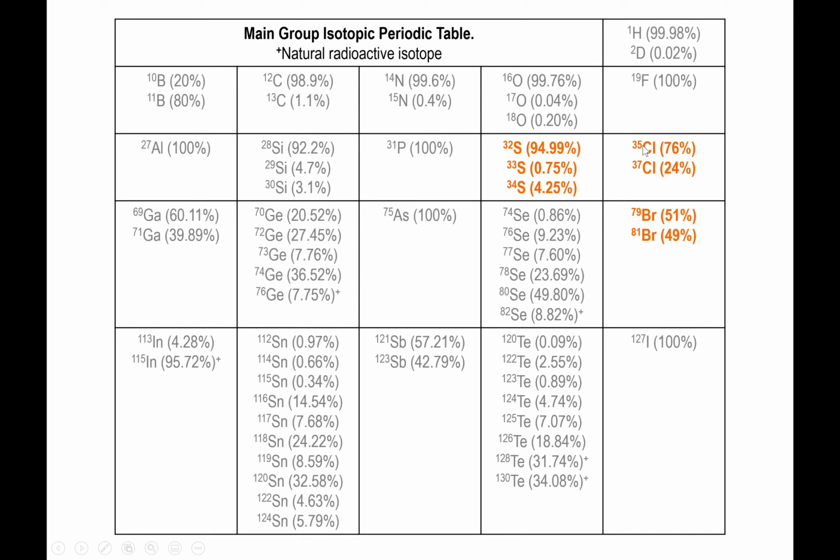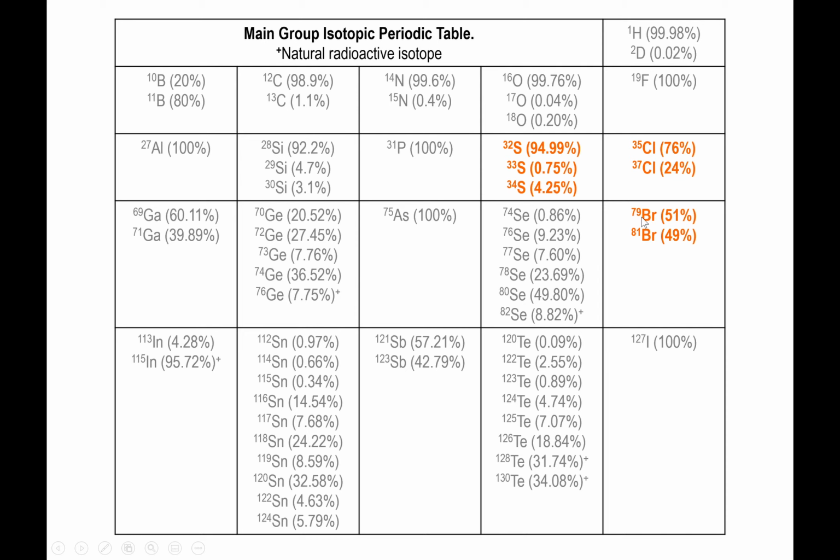Similarly, chlorine-35 and chlorine-37 are the two natural isotopes of chlorine. They are 2 isotopic masses away from each other, but the abundances are 76% and 24%. This means that you have 3 times as much chlorine-35 as you do chlorine-37. And for bromine, we have bromine-79 and bromine-81 as natural isotopes, which are found on a roughly 50-50 basis in elemental bromine.